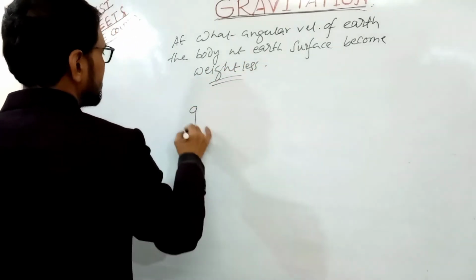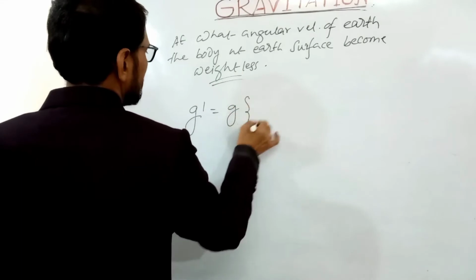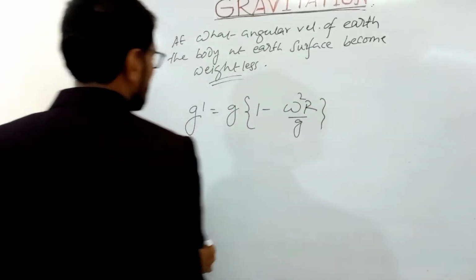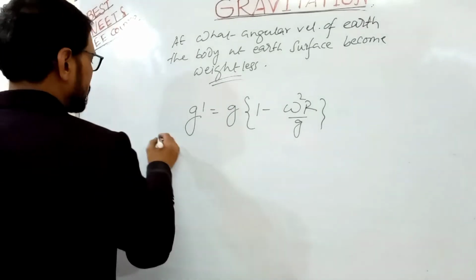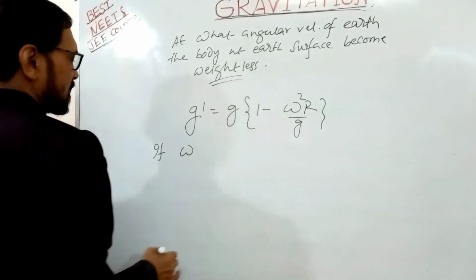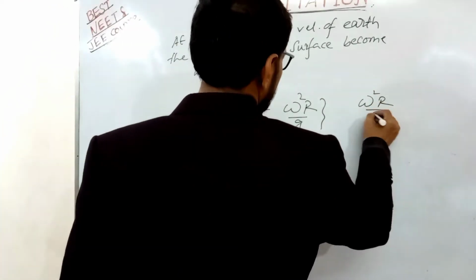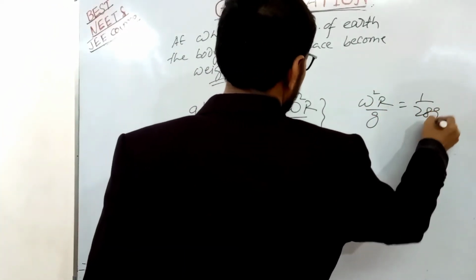Now the formula is g dash equals g into 1 minus omega square r by g. So if omega becomes, now the value of omega square r by g equals 1 by 289.